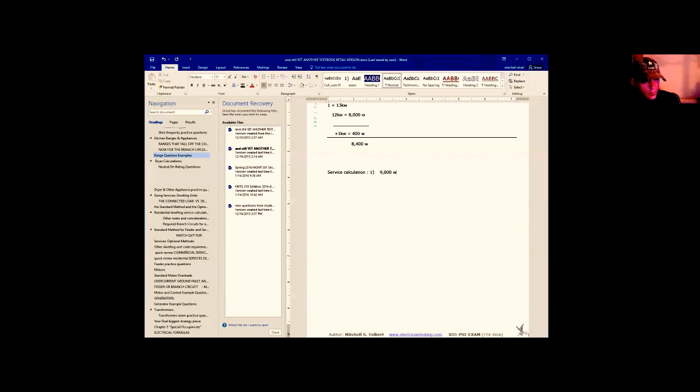And then they give you a range that's equal to 5,500 watts, 5.5 kW, and one more that's also 5.5 kW. What would be your answer for those three ranges as a service calculation?